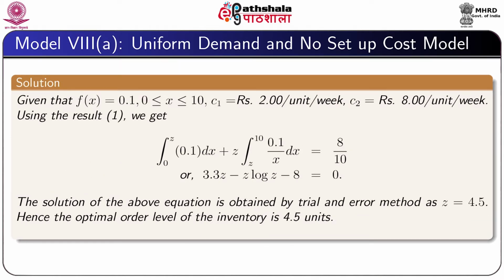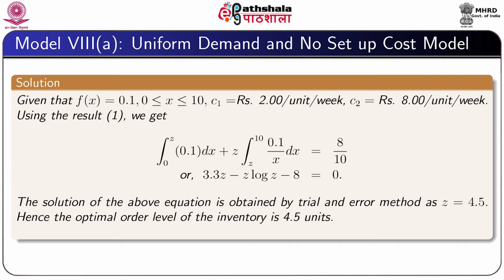Given that f(x) equal to 0.1 when x lies between 0 and 10, and C1, the holding cost, is equal to rupees 2 per unit per week, shortage cost C2 equal to rupees 8 per unit per week. Using result 1, we get integral 0 to Z 0.1 dx plus Z into integral Z to 10 0.1 by x dx is equal to 8 by 10.